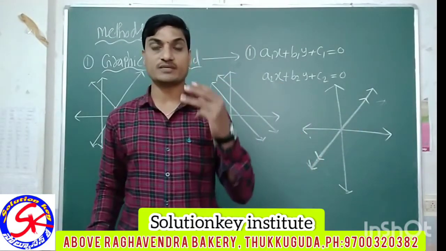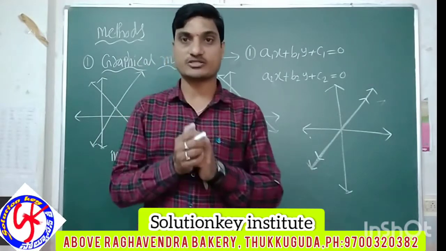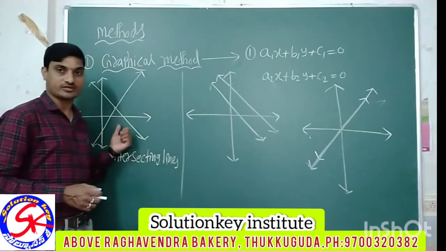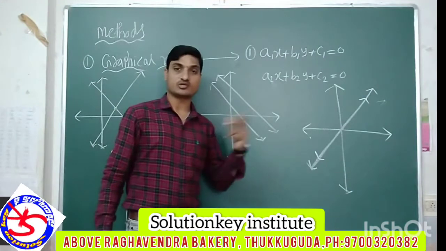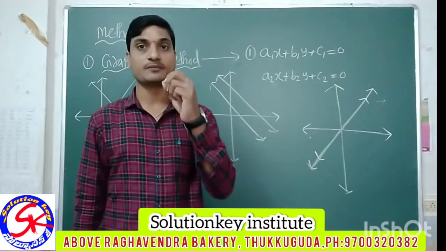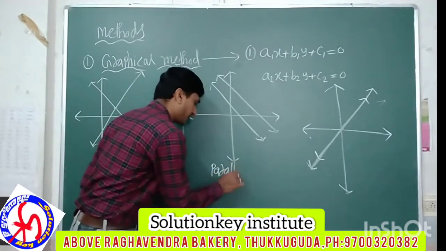So there are completely three types, three possibilities. The first one is intersecting lines. Two lines are intersecting. Then two lines that are not intersecting anywhere give parallel lines. So in this condition, this is parallel.